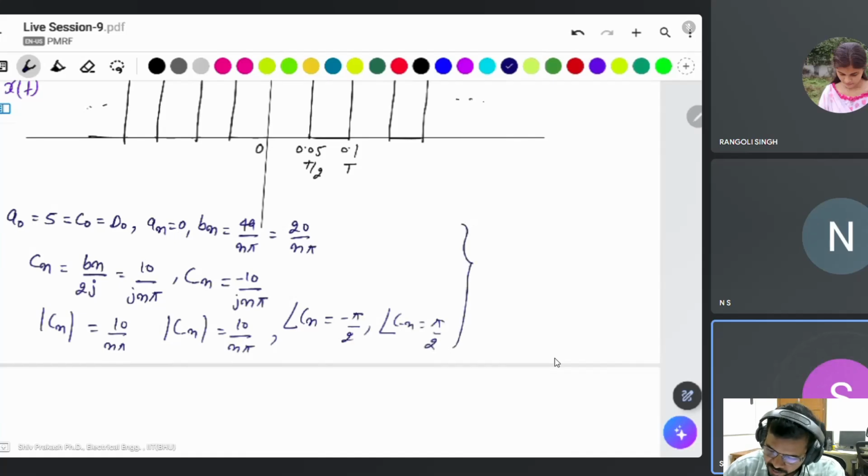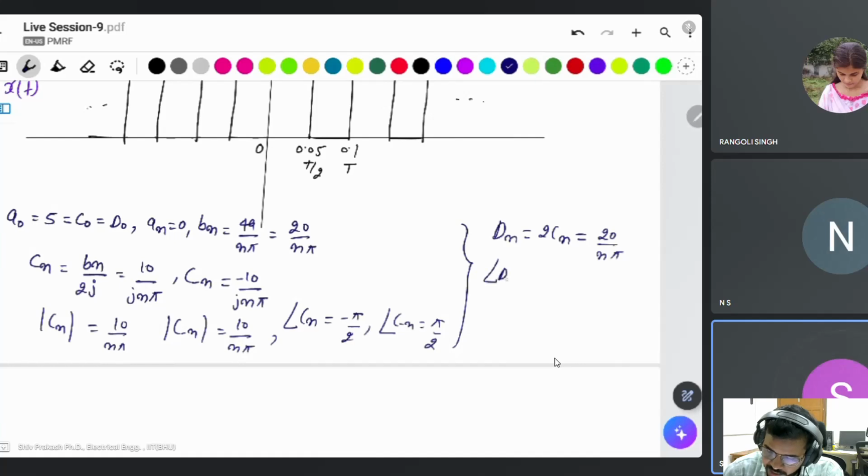Okay, for dn, dn is equal to 2 times cn magnitude, the same thing as the bn. This will be 20 divided by n pi.